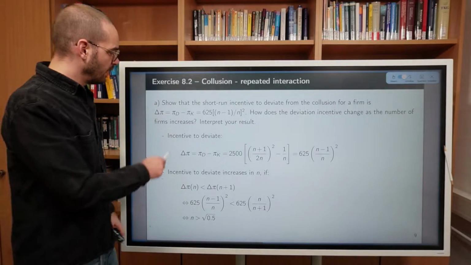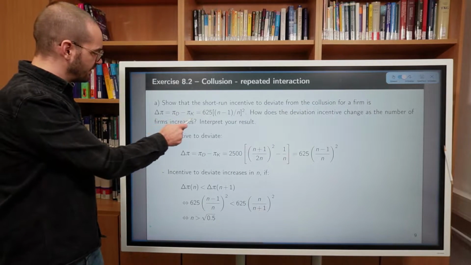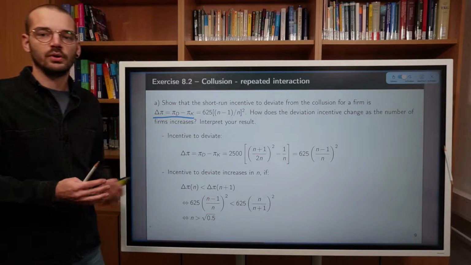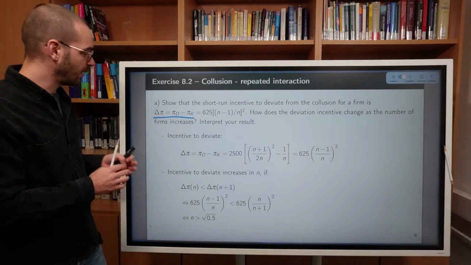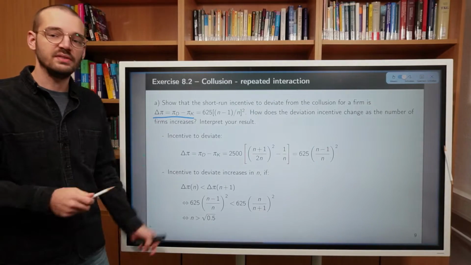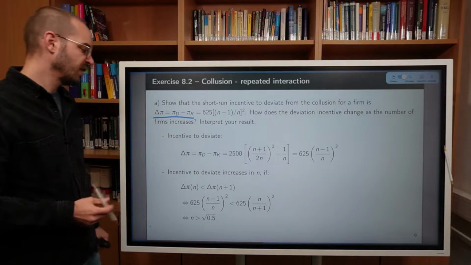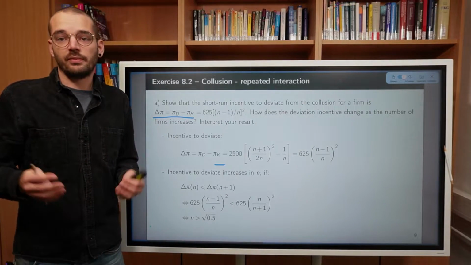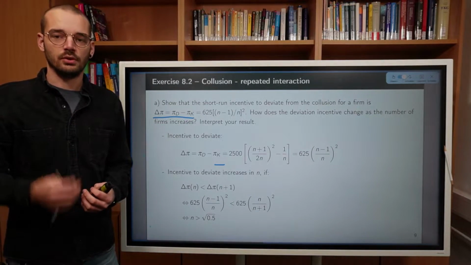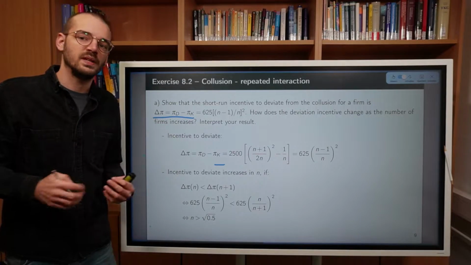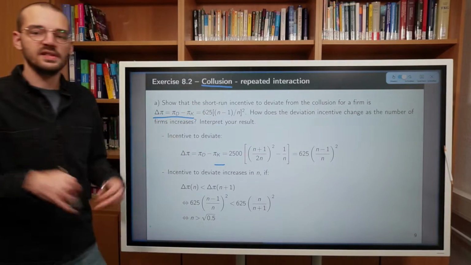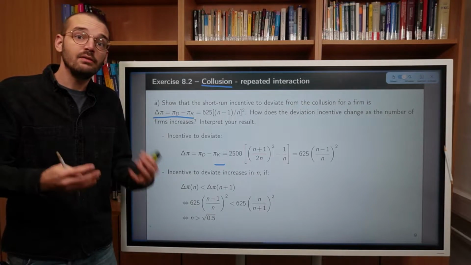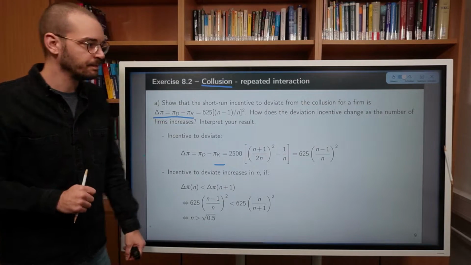Alright, so the incentive to deviate is already defined in this task, right? So let's just spend maybe one or two sentences on why it makes sense to think of the incentive to deviate in this particular way. So pi k is the profits the firms make if they stick to the collusion, right? So that is, so to speak, in this model of collusion, the status quo. That is the profits the firms earn each period if they continue to collude.